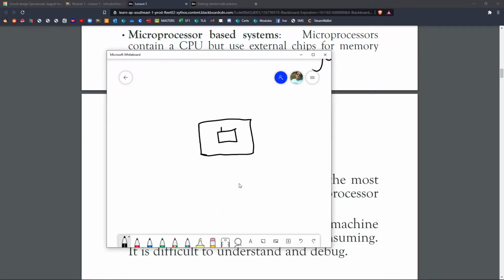Let's say this is the internals of your computer, or rather your embedded system. Then this is your desired outcome. Say this is your television, and this is the plug.